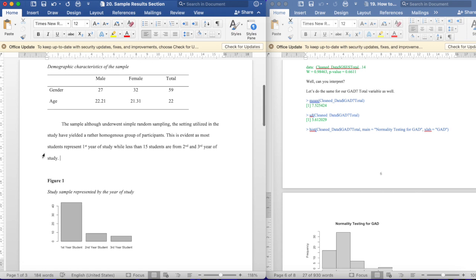And then you could say this particular trend is demonstrated in Figure 1, or let's say illustrated below.